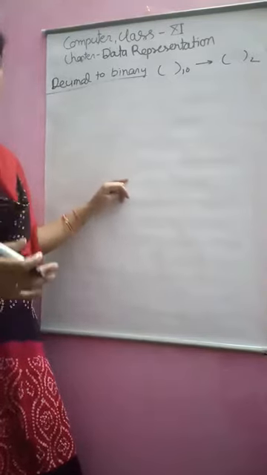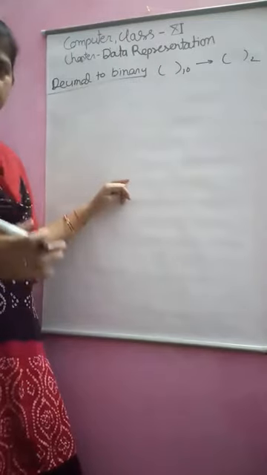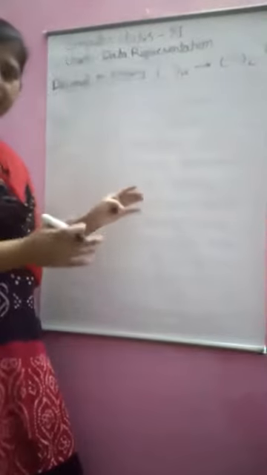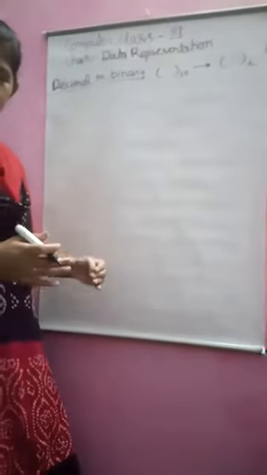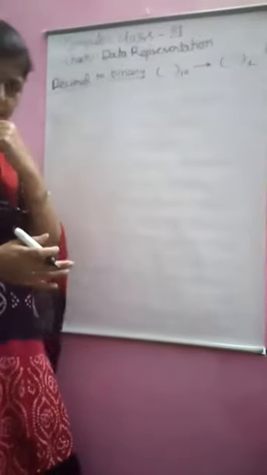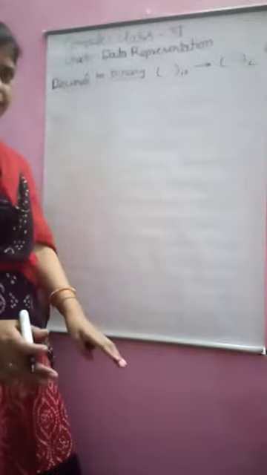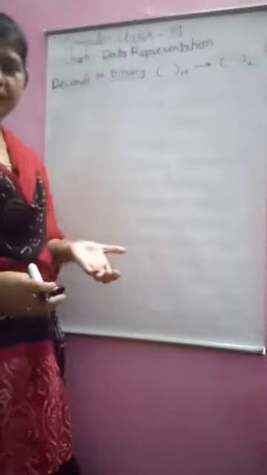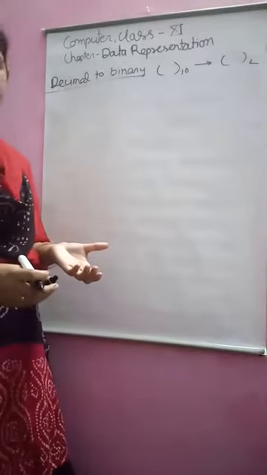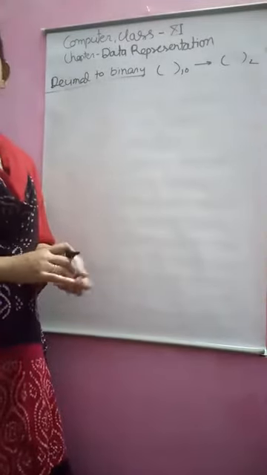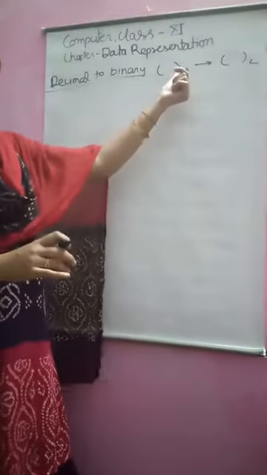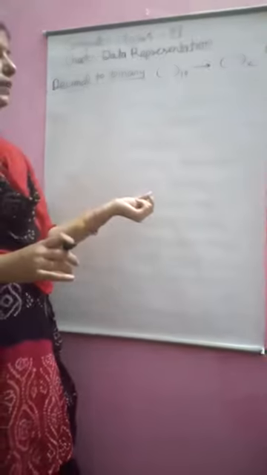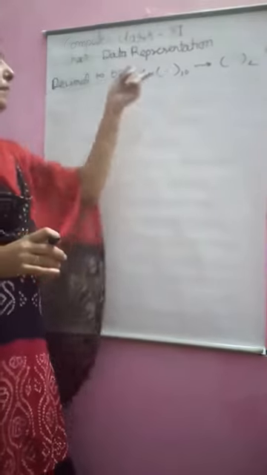Repeatedly divide and store the remainder until you receive the quotient 0. After you receive the quotient 0, stop. The first remainder you have is the least significant bit. Read from the bottom up and you will get the real binary number.